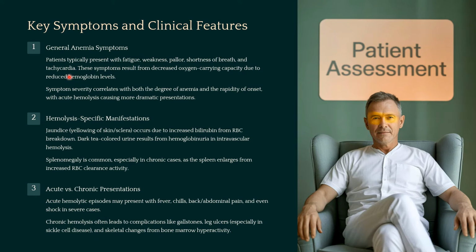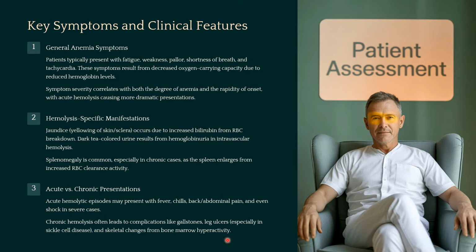Tachycardia means increased heart rate, when the heart is forced to beat faster to deliver oxygen to different parts of our body. Next, hemolysis-specific manifestations, meaning the symptoms other than the general anemic symptoms, like jaundice. Yellowing of the skin or sclera occurs due to the increased bilirubin from RBC breakdown. Dark tea-colored urine results from hemoglobinuria in intravascular hemolysis.